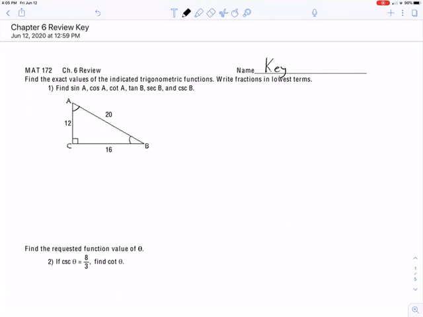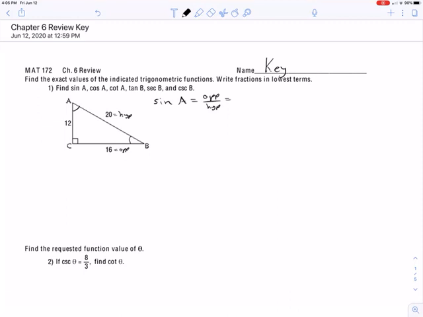It says find the sine of angle A. So let's start with the sine of A. And the sine of angle A, using the right triangle, is evaluated by the opposite side of angle A with respect to the hypotenuse, the ratio of opposite to hypotenuse. So with A, here's my opposite side, and of course, here's the hypotenuse.